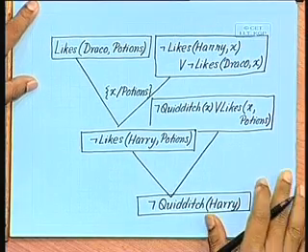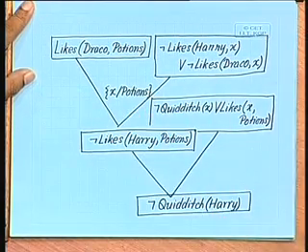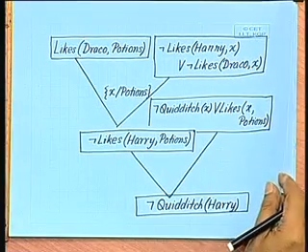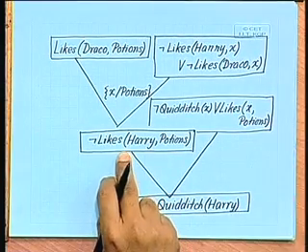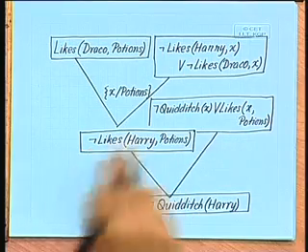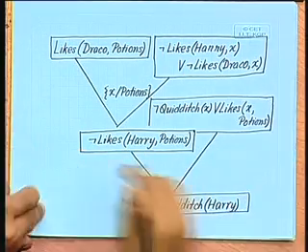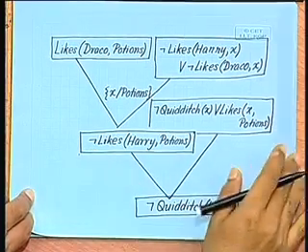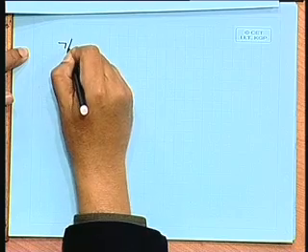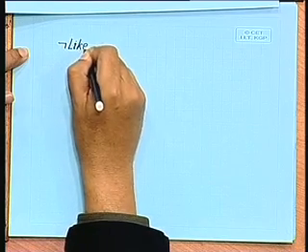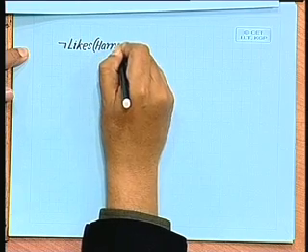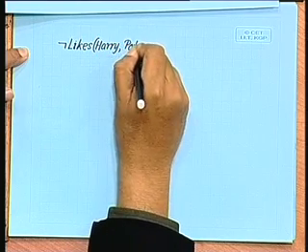Now, because of lack of space, I am not able to draw the full tree on the other side. So, I will break it up and draw it separately. What I am going to do is, I will use this not likes Harry quotients to unify with other things also. So, I will carry over this clause into the next page, and start with not likes Harry quotients.